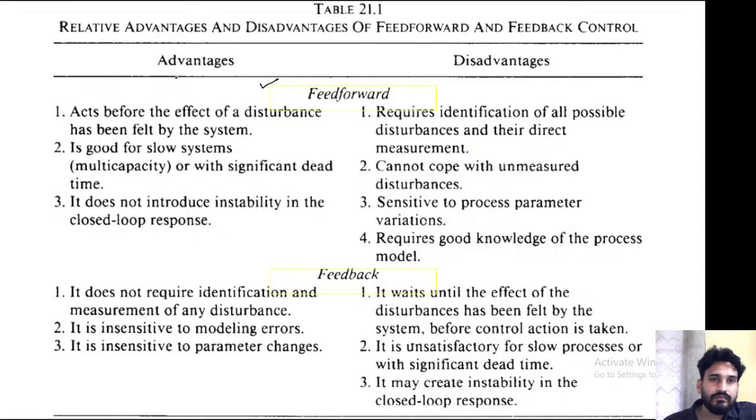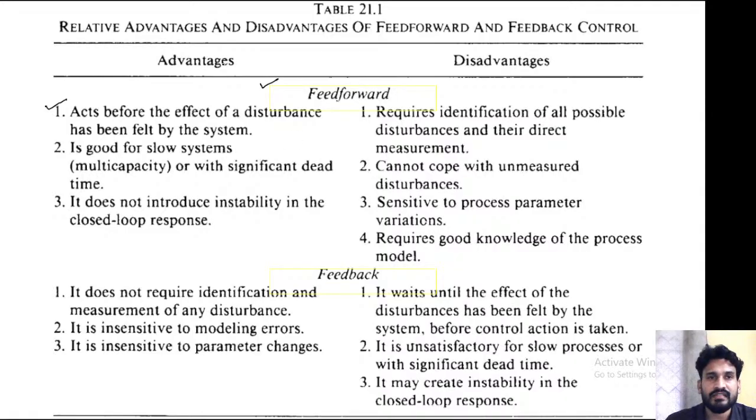First of all, we know that feed forward acts before the effect of a disturbance has been felt by the system. We know that feed forward is a perfect disturbance rejection system. It basically prevents the disturbance from coming into the system.